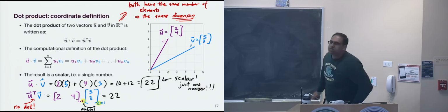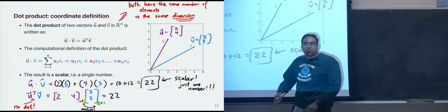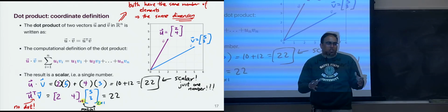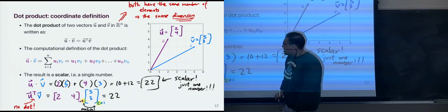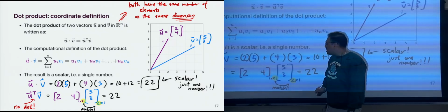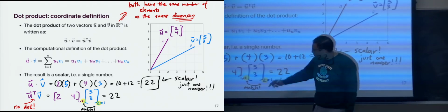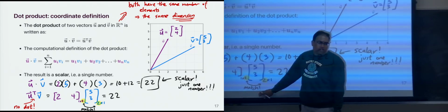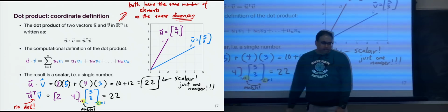And that's why I can do this multiplication. Right? In order to multiply two objects in linear algebra, whether they're vectors or matrices, the number of columns in the first thing, 2 here, needs to be equal to the number of rows in the second thing, also 2 here. Like if we had a third row in this vector, I couldn't do U transpose V. Do we agree? Okay.